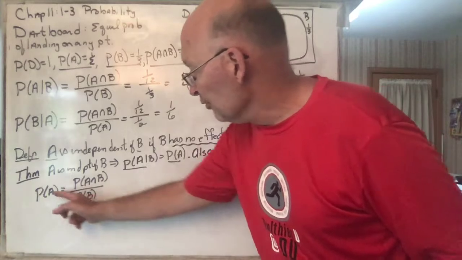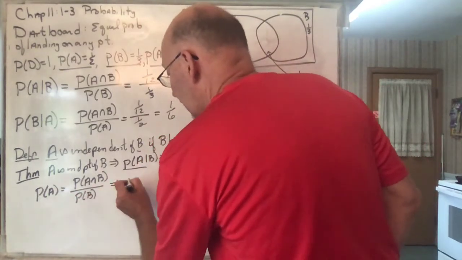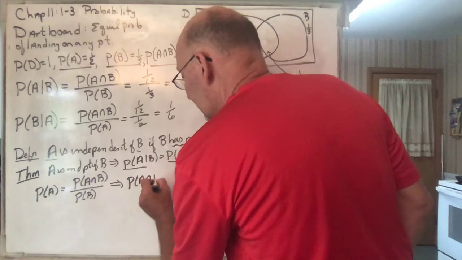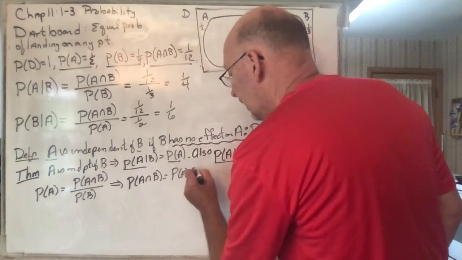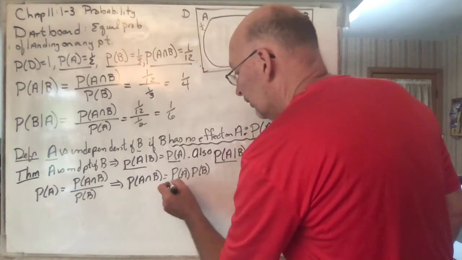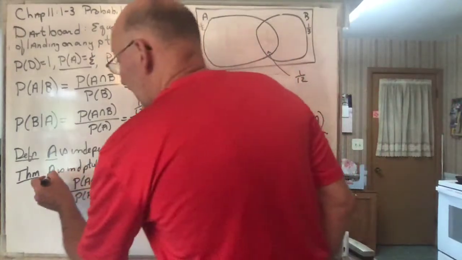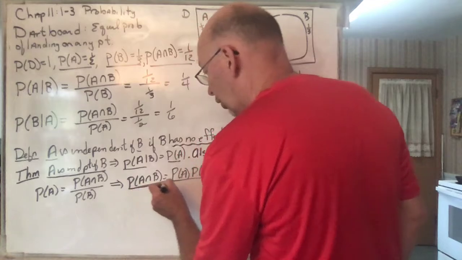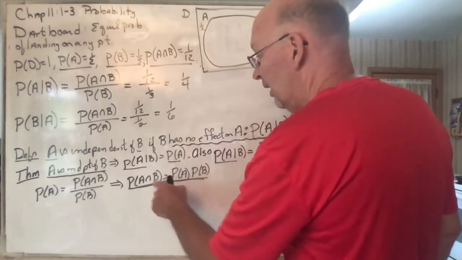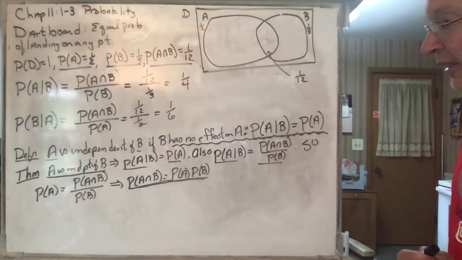And now I can multiply through by the denominator here, and I get that the probability of A intersect B is equal to the probability of A times the probability of B. Okay? So if A is independent of B, here's one nice fact I know. I know that the probability of the intersection is just the product of the probabilities. That's one nice thing I know.